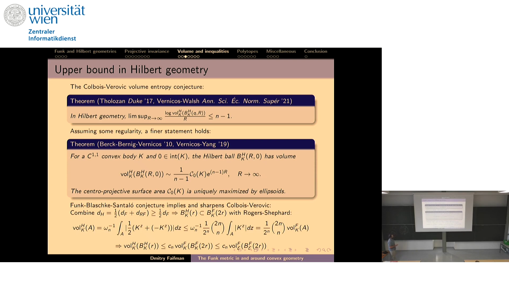And then you can relate also the volume densities by some well-known convex geometric inequalities, Rogers-Shephard. And so you can bound the Hilbert volume of the Hilbert ball by the Funk volume of the Funk ball. And then if you know that the maximizer of that is the ellipsoid, then this is something very explicit that you can compute and see for yourself. Yes?